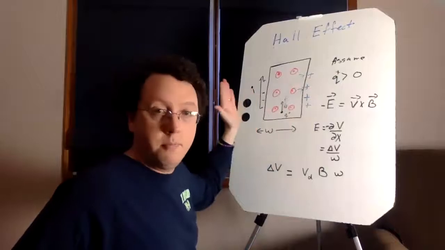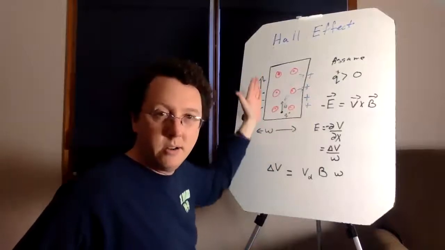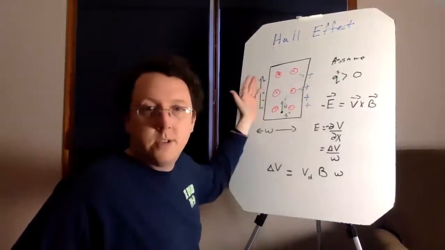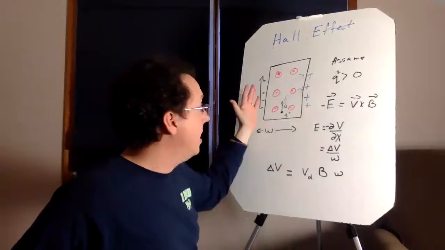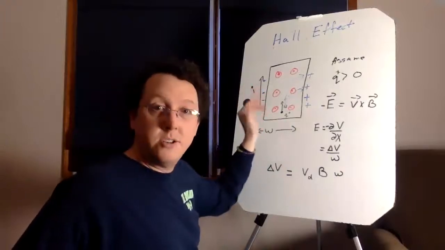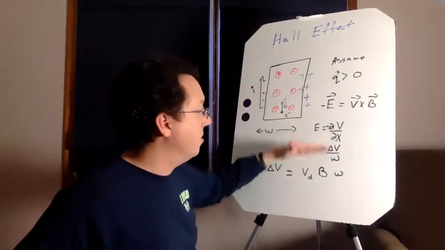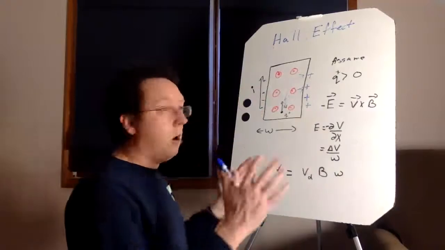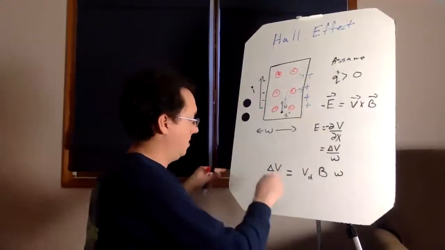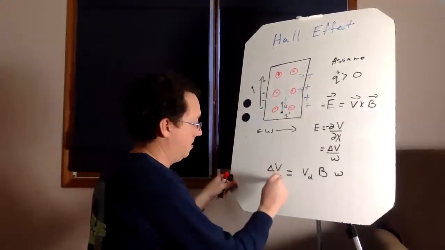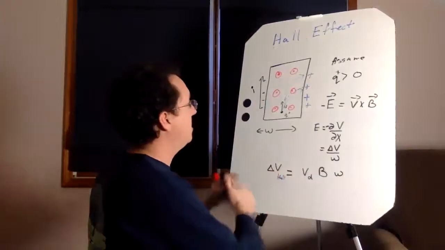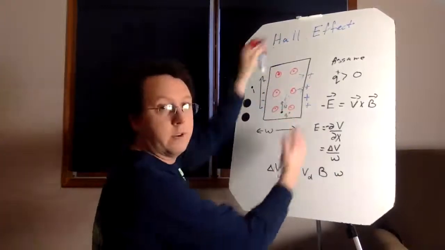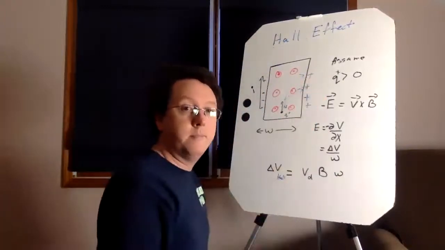And you're going to be left with a bunch of negative charges that accumulate, are induced, if you want, on the left-hand side. And eventually, if you let the charges accumulate, you get a balance between the forces. And what happens is there is what's called a Hall voltage. The Hall voltage is the voltage not along the stick of gum, but across the width of it.